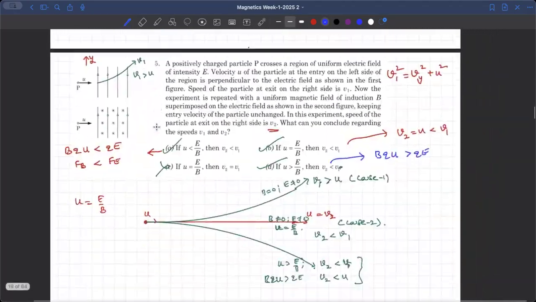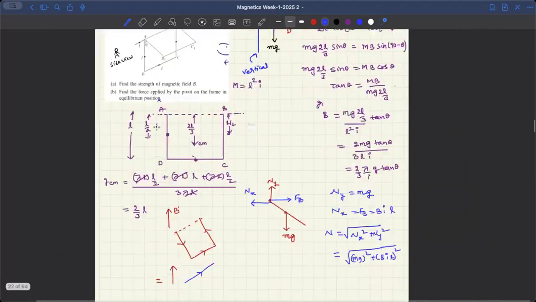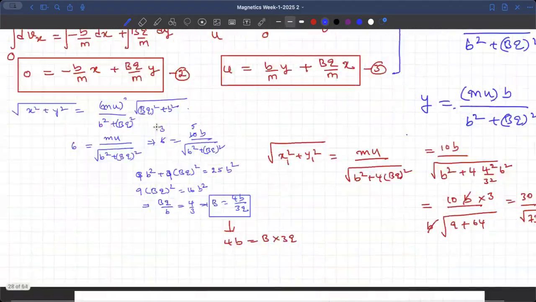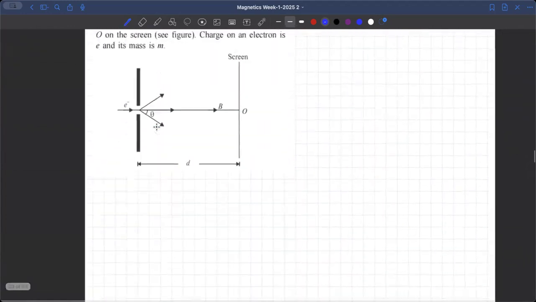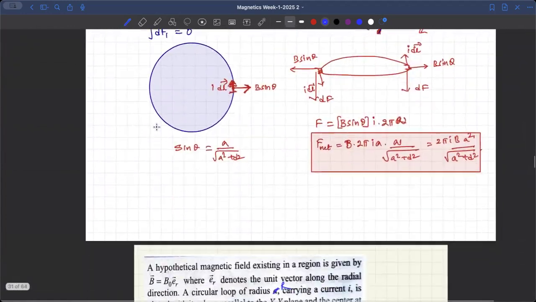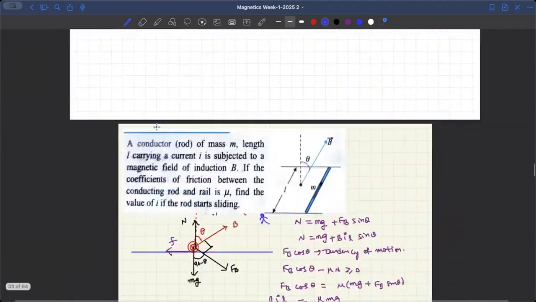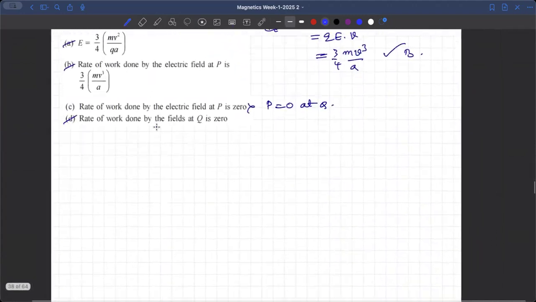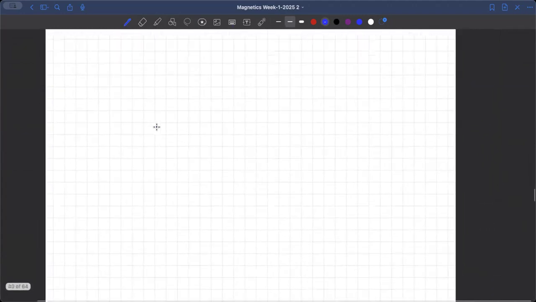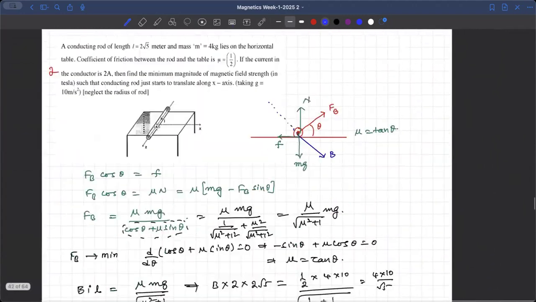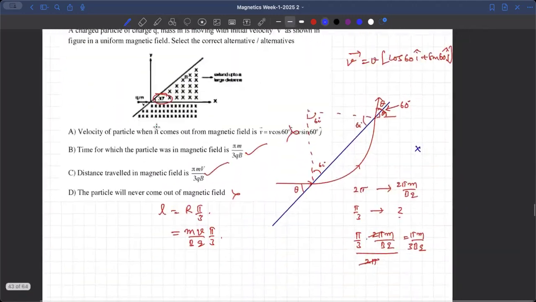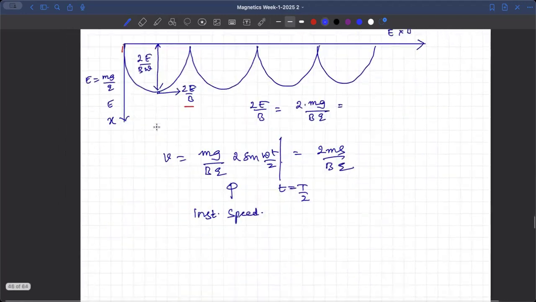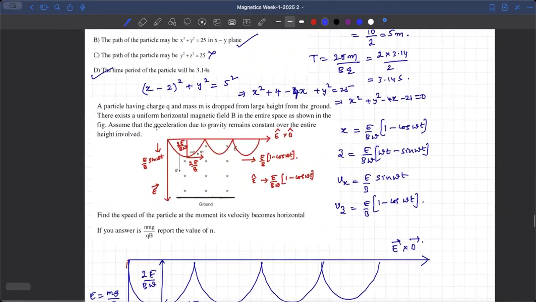Most of these questions I have done. Today the questions which I am dealing with are really, really very important. Ultimate care must be taken to digest these things.